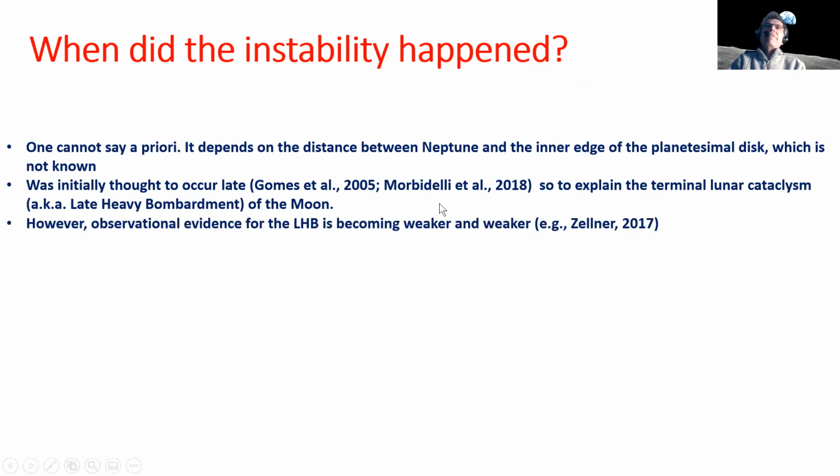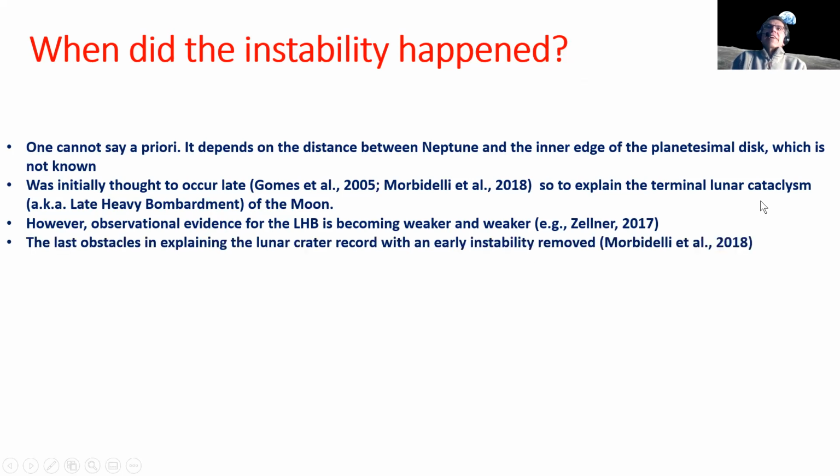But the evidence for this surge in the impact rate, which is called the lunar terminal cataclysm, or late heavy bombardment, is becoming weaker and weaker with better analysis of the lunar samples and lunar meteorites. And indeed, we also showed that the last obstacles in explaining the lunar crater record with an early instability can be solved.